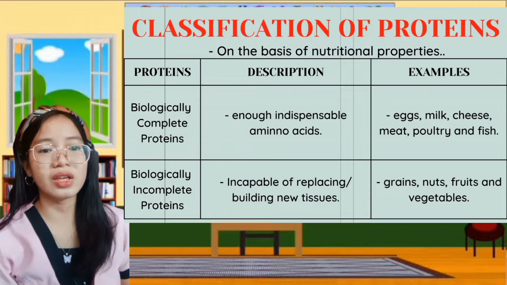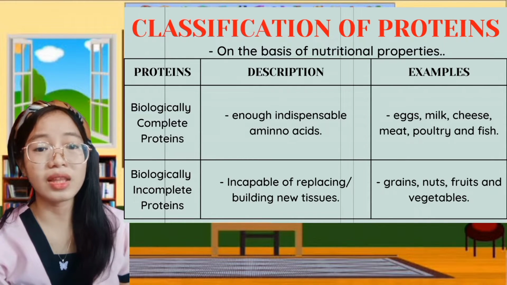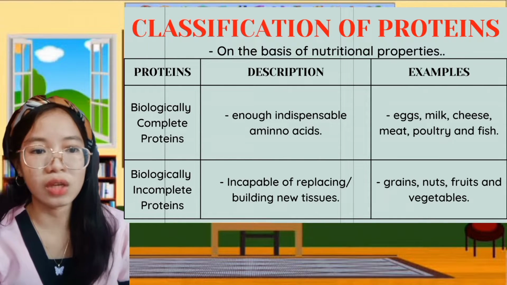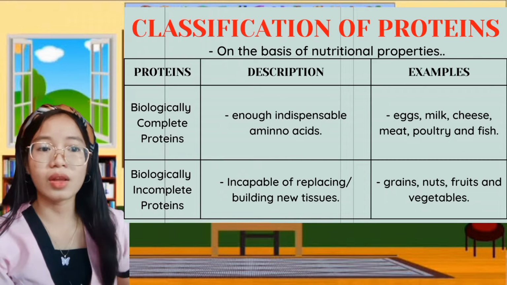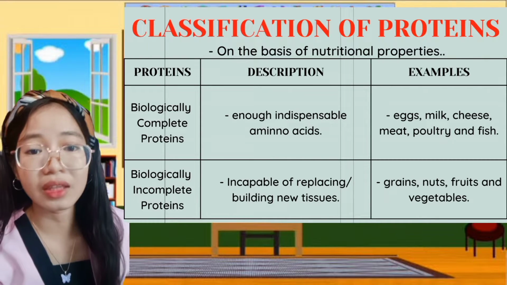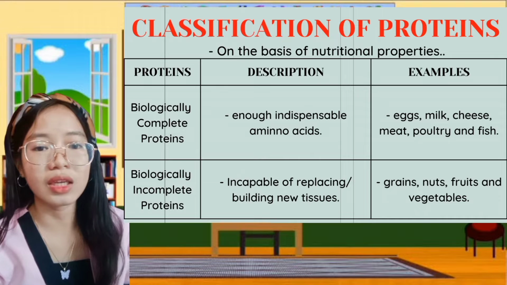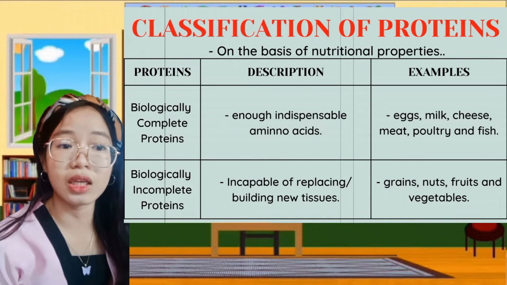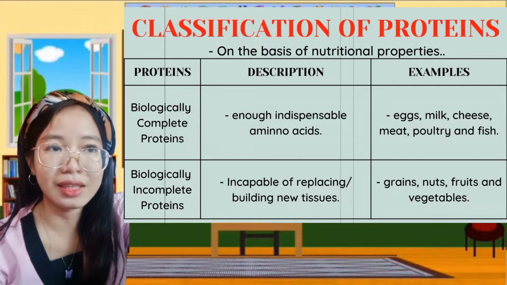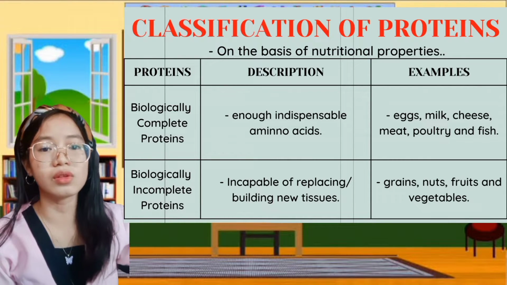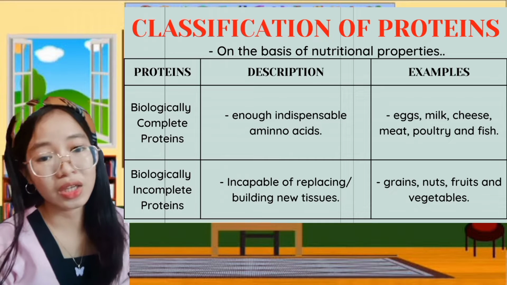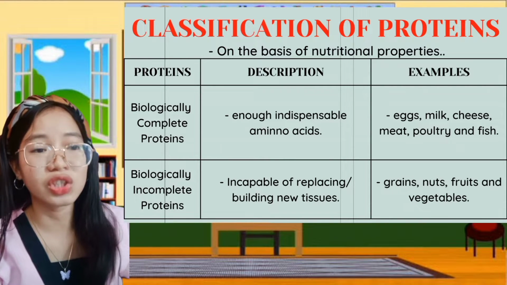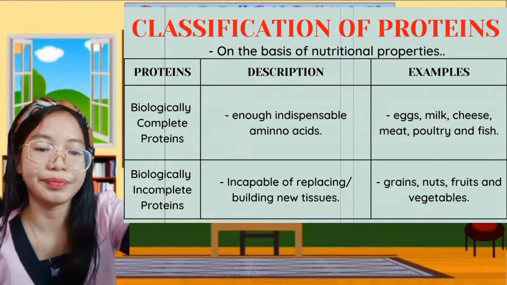So these are the, may mga proteins naman sila pero hindi sila enough or hindi sila sufficient para makatulong sa katawan natin para mag-replace or mag-build ng new tissue cells. So we can find it in the grains, nuts, fruits, and vegetables. So if kulang ka sa proteins, you should eat not only grains, nuts, fruits, and vegetables. So kailangan kumain din tayo ng either eggs, milk, cheese, meat, poultry, and fish.